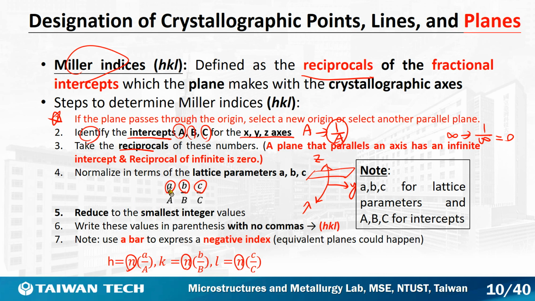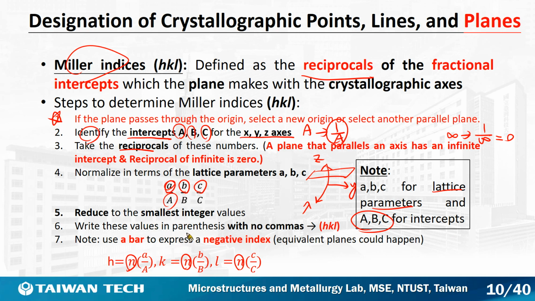And here we have a and capital A, right? So for a, b, c, it means the lattice parameters. And for capital A, B, and C, they are for integers. Oh, sorry, intercepts. And how do we write it?